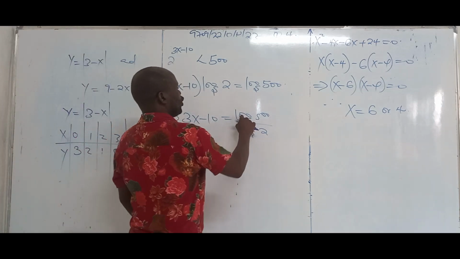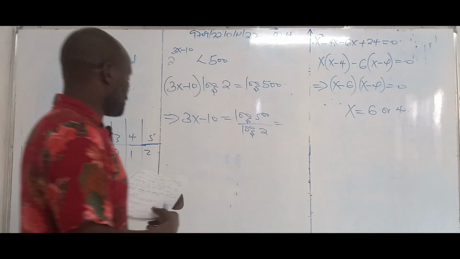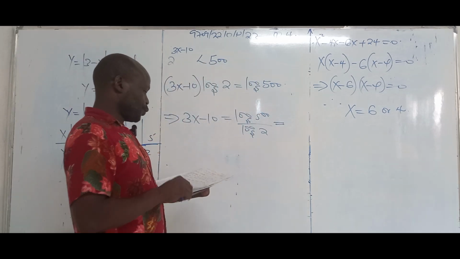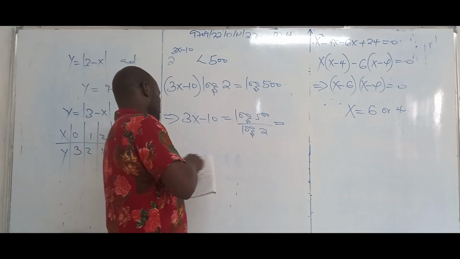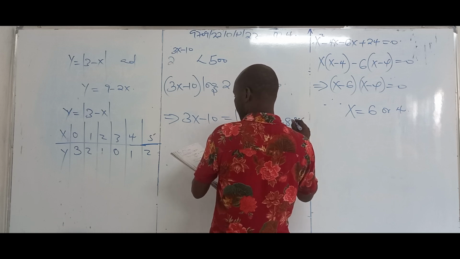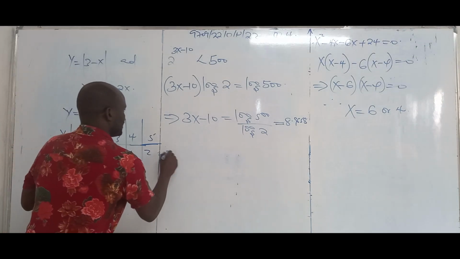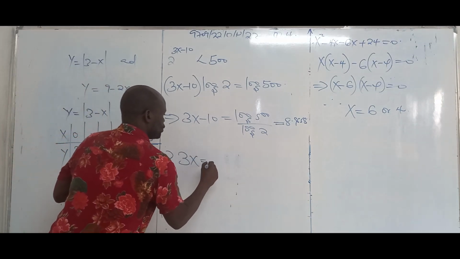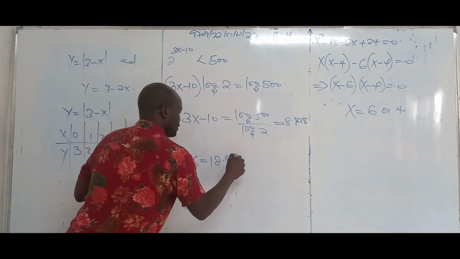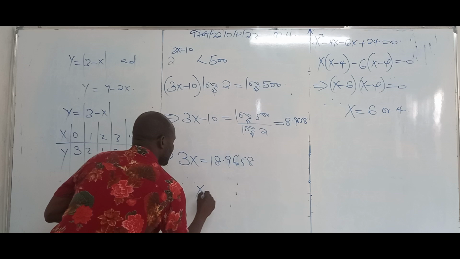You can work it out using your calculators, and what you should get is 8.9658. That implies that 3x is equal to 18.9658.